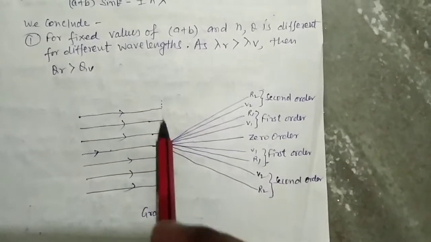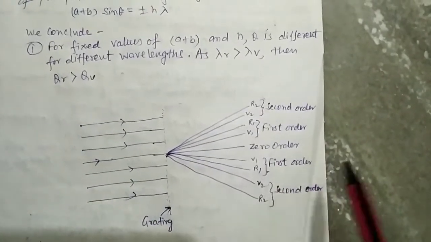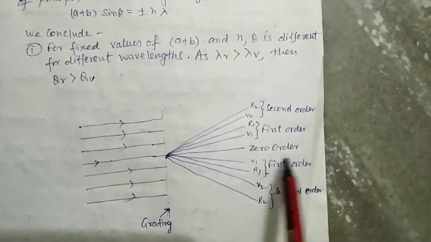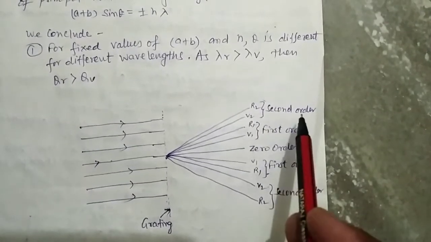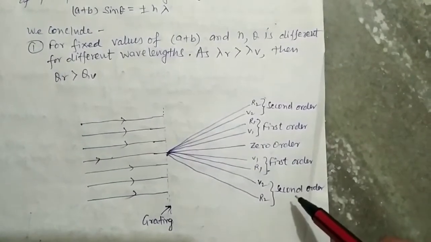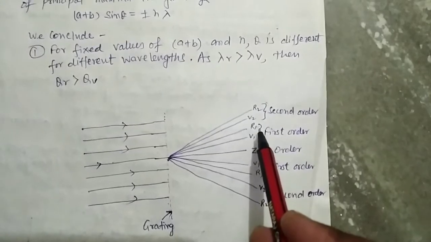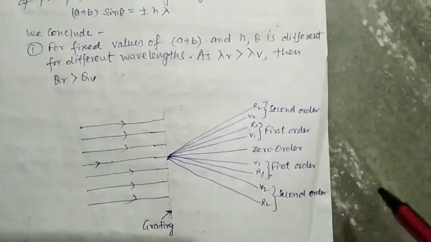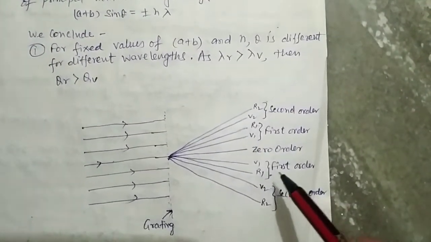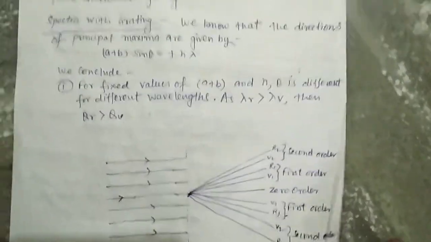This is the grating. This is the pattern after diffraction. This is the zero order, first order, second order, and on the other side, first order, second order. The sequence of the colors is V1 R1, V2 R2. Similarly, on the other side, V1 R1, V2 R2.